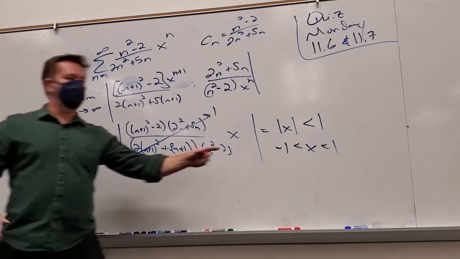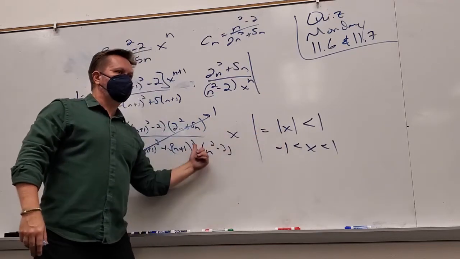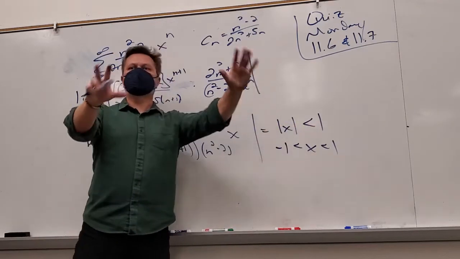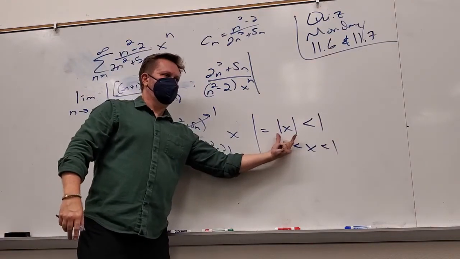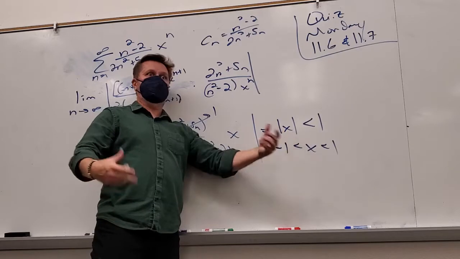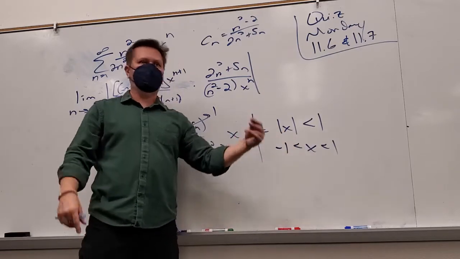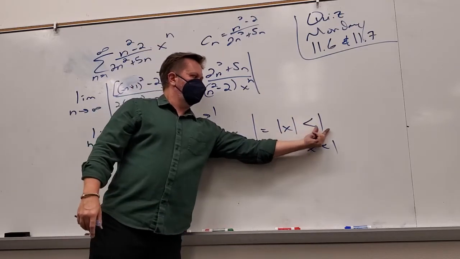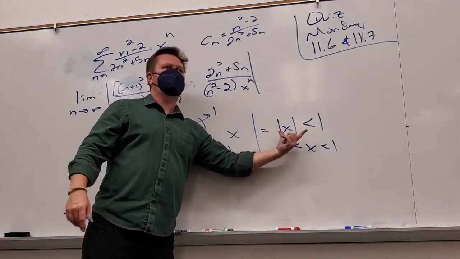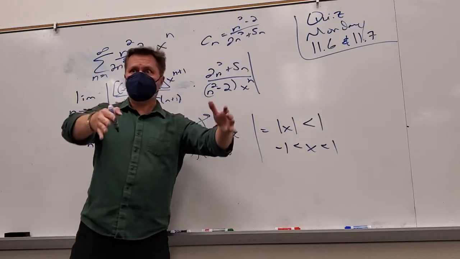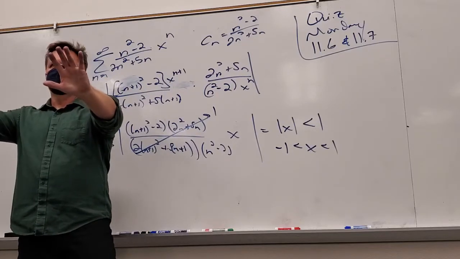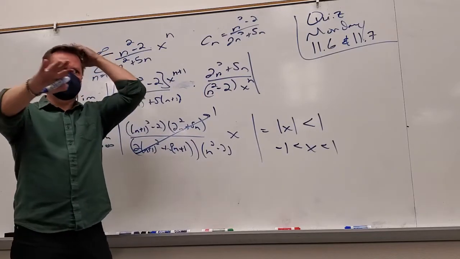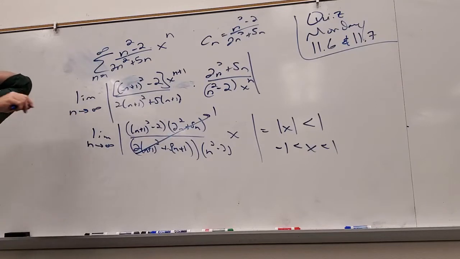Because those are the values of x that make the results of the ratio test less than 1. Yes? This is what's new right there. We're not used to getting something that's not really a number, so we can't just look at it. You say less than 1, and then the answer is every value that makes that true, because it converges when the result is less than 1.